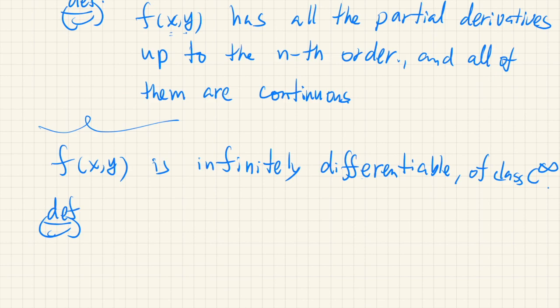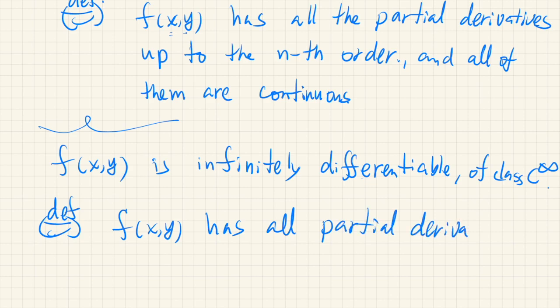This means this function has all partial derivatives of any order, of course on the domain U. In this case, we don't say continuously, because if it's infinitely differentiable and differentiability implies continuity, then it automatically follows that they are continuous.